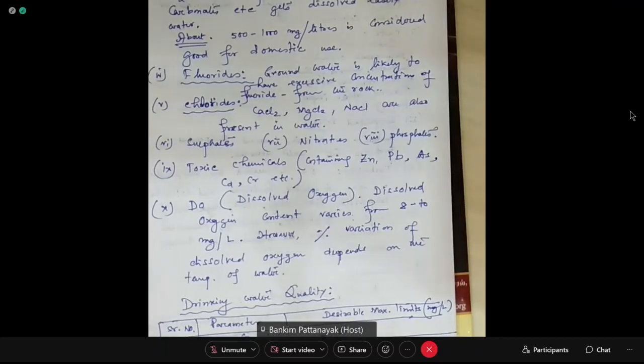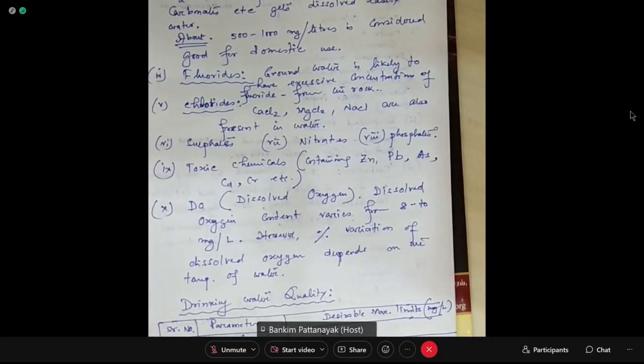There is no measurement. pH value 6.5 to 8.5. Number 5, total dissolved solids 1000 to 1500 mg per liter. This is mg per liter. It is already given here.